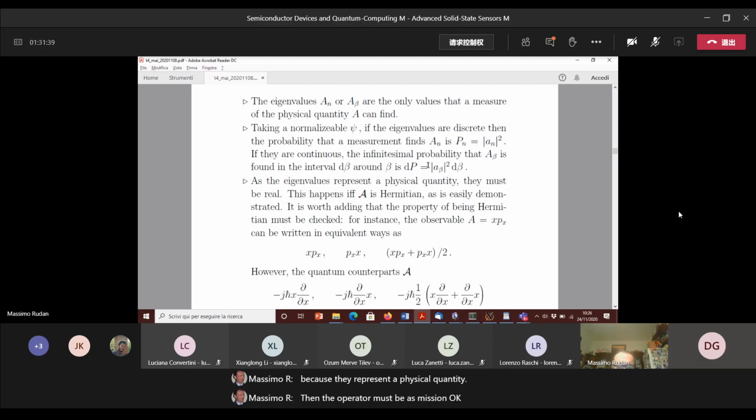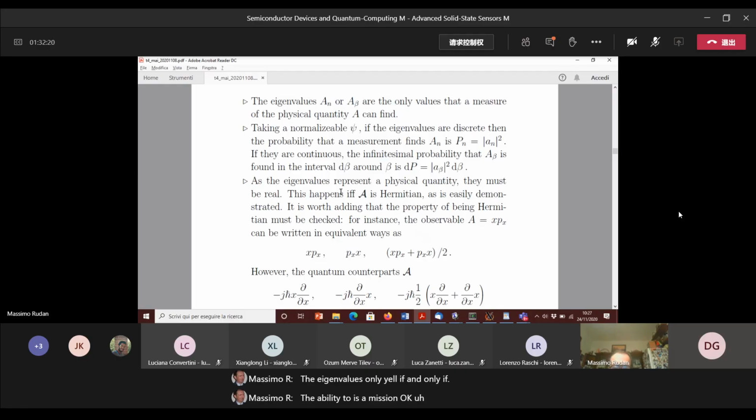You remember that if an operator is Hermitian, then the eigenvalues are real, and we can also demonstrate the inverse property, that is, if the eigenvalues are real, then the operator is Hermitian. That is the reason why you see "iff" with two Fs. It means if and only if. The eigenvalues are real if and only if the operator is Hermitian.